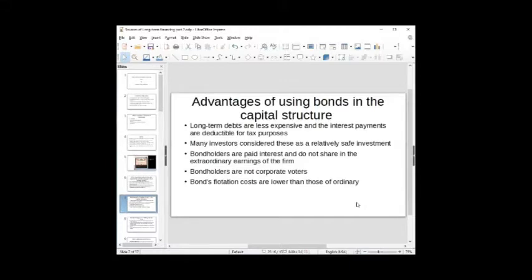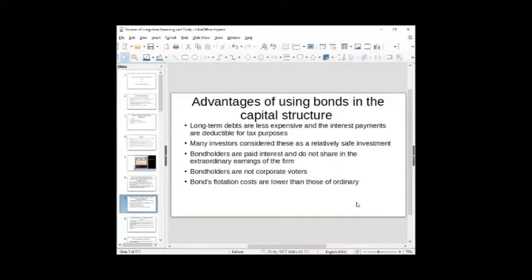Since you are only the bondholder, you will be entitled only to the interest due to you by the issuing company. So even at the time that the company has multi-million earnings, the bondholders will not share in those earnings.